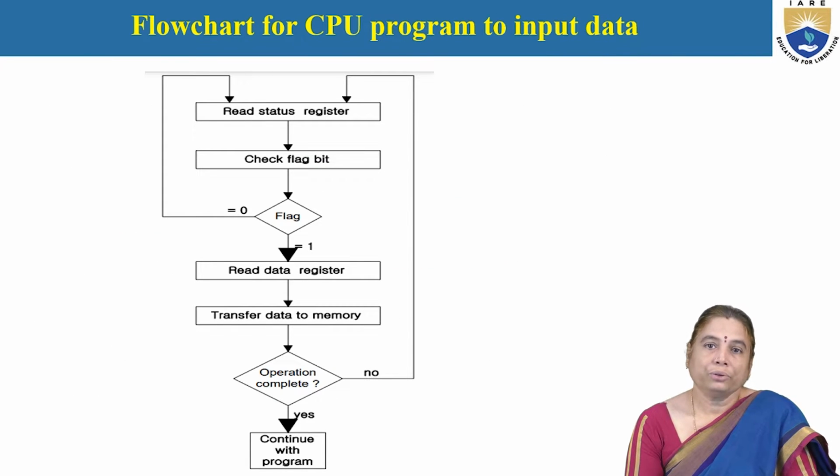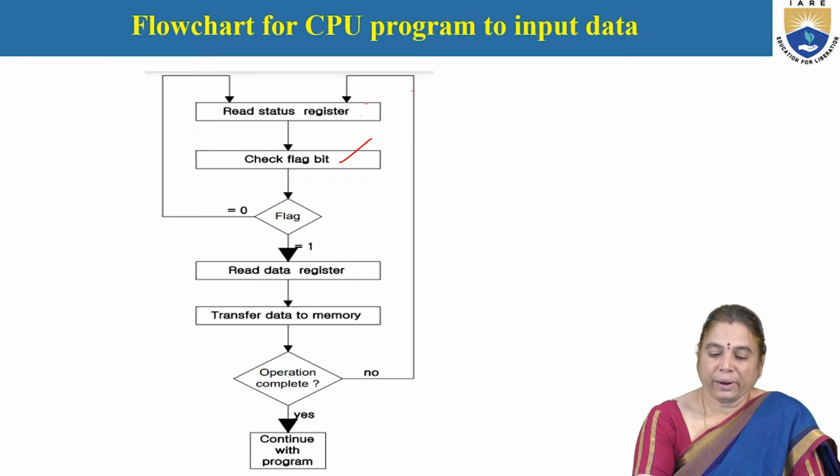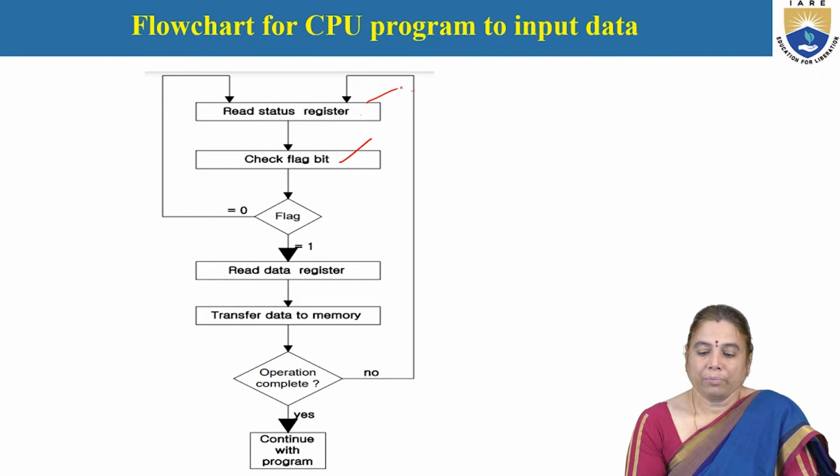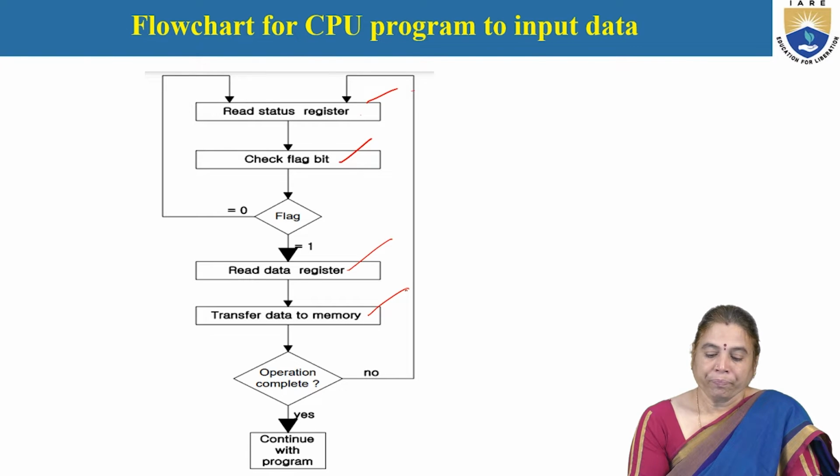So how the input is taken with the help of this program can be represented as a flow chart. Here, read the status register and check the flag bit. Depending upon the flag bit value only, the data transfer can take place. If the flag is 1, read the data register and transfer data to the memory.